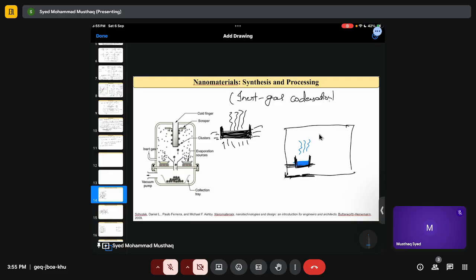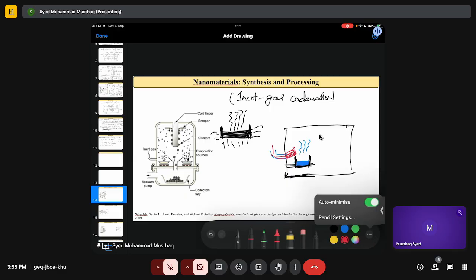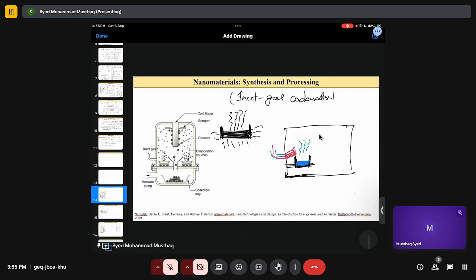Now I'm trying to introduce some inert gas. Next, what happens?